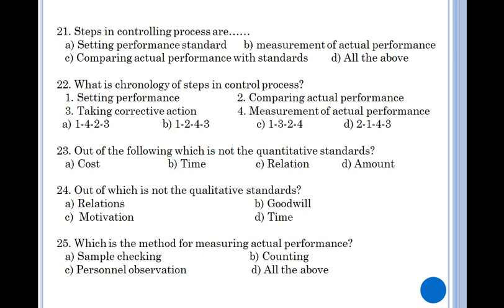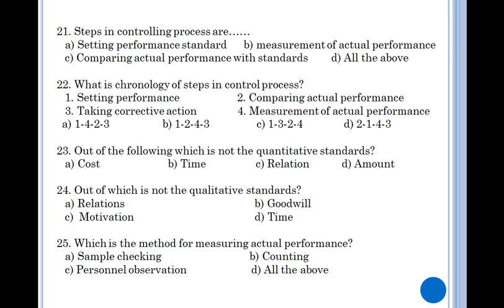The 1 must be followed by the 4, which is only in the first option, so no need to check the other 2 options. We can get the answer in the second step only. So the answer is A: first, setting performance; second, measurement of actual performance; third, comparing actual performance; and fourth, taking corrective action.